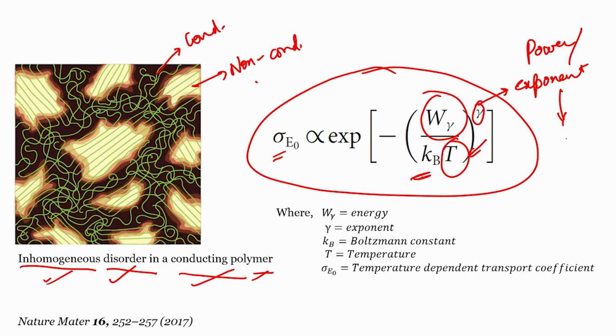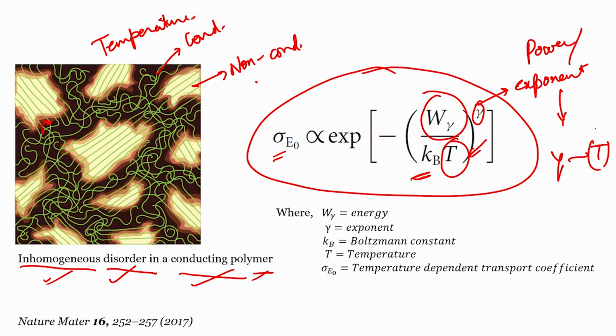This exponent defines how the transport happens from one conducting island to another conducting island, how an electron moves from here to here under the influence of temperature. And that's why this entire fraction, W gamma over kBT, is raised to gamma, where gamma varies as a function of temperature.